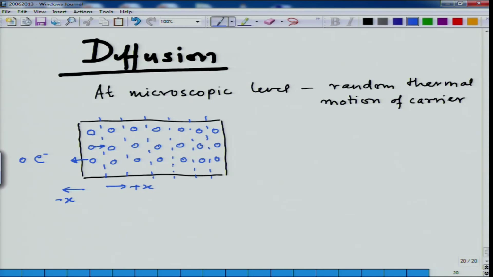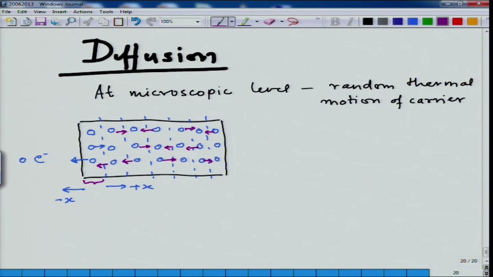Now, this is going to be true for all other layers, which means I am going to have this interaction between particles in different sections. But as you can see, overall this will not lead to any change, because my concentration is homogeneous, which means that the number of particles I am taking out of a given section is equal to the number of charge carriers coming into that section.